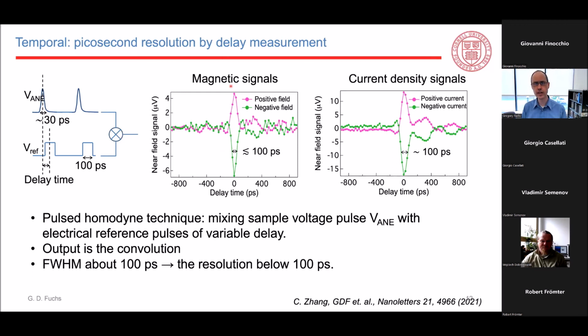When we do this for the magnetic signal, which works for both signs of magnetic orientation, we get something that's like 100 picoseconds. When we do it for current density, we also get something that's like 100 picoseconds. And because we know that we're measuring the convolution, we know the response must actually be below that. So probably, COMSOL modeling suggests that the anomalous Nernst effect in these samples is actually about 10 to 20 picoseconds.